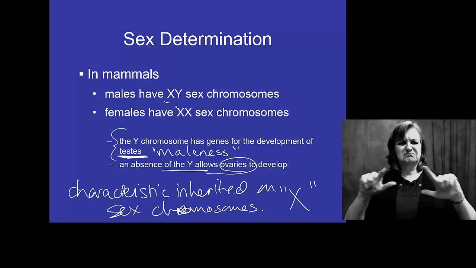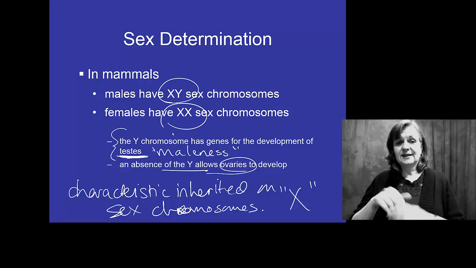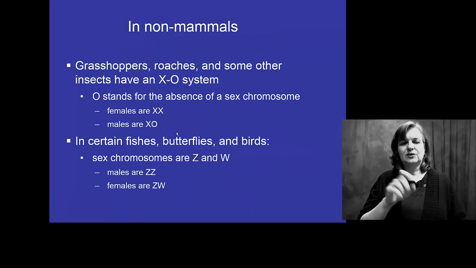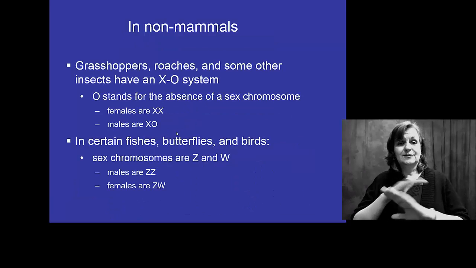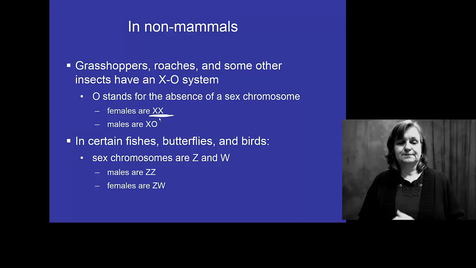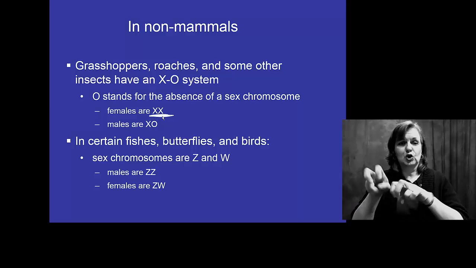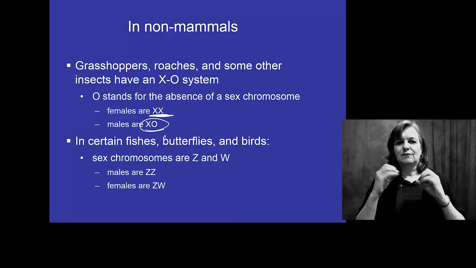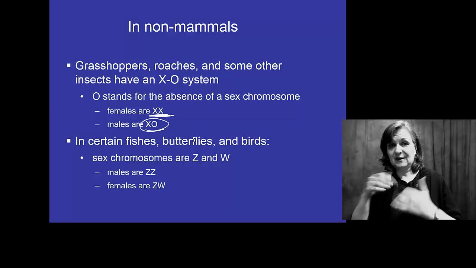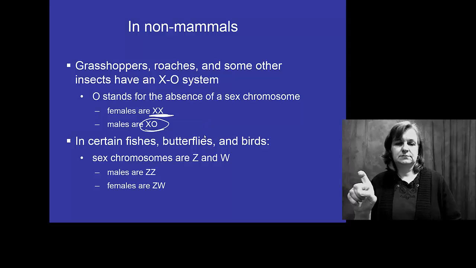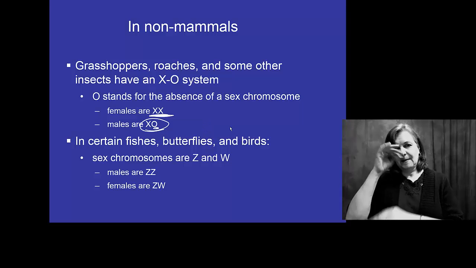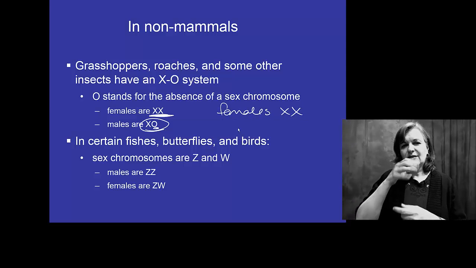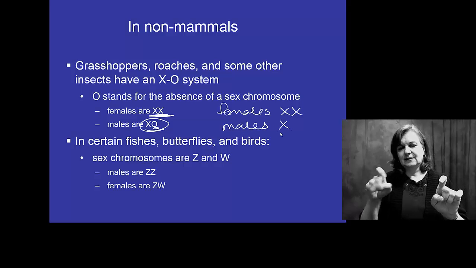Now, for males, in mammals, we look at XY. In females, we look at XX. There can be variations on this. In other species, they don't have an XY system, okay? So in this case, 2 X's in a grasshopper actually gives you a female, like we would predict, but they have no Y. So males in the grasshoppers and other insects are just X. So a single X. They put an O here as a place filler for you, but really the females are XX, males are just X. Okay?